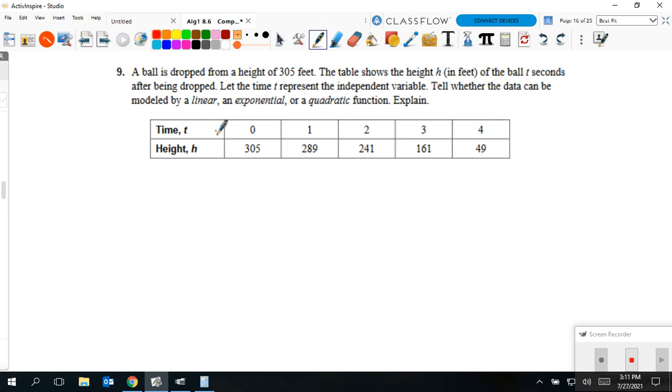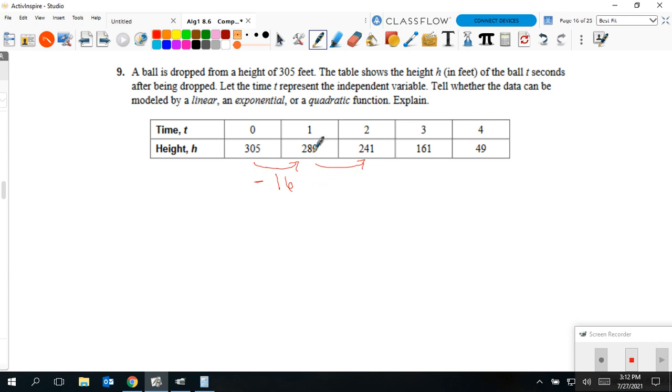All right, so let's take a look and see here. If we look at our differences from 305 to 289, we are going down. How much are we going down? Well, it's 16. From 289 to 241, we're going down again. Let's see, it looks like 50 on this one.